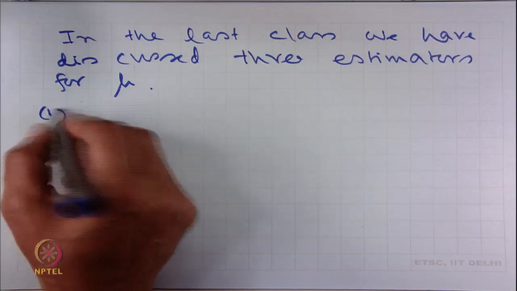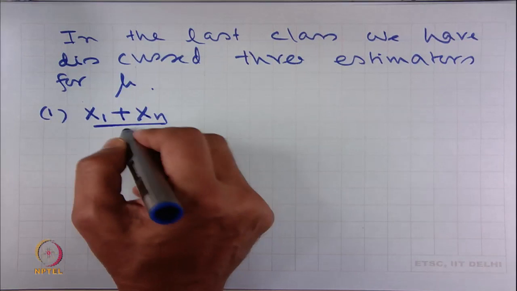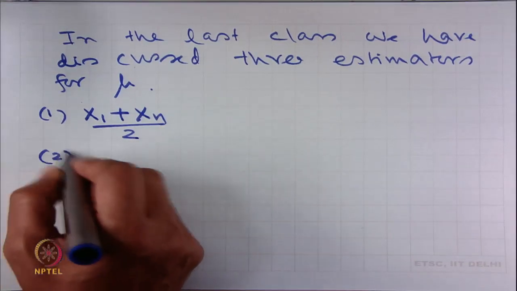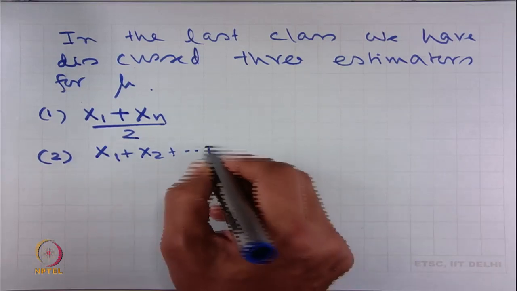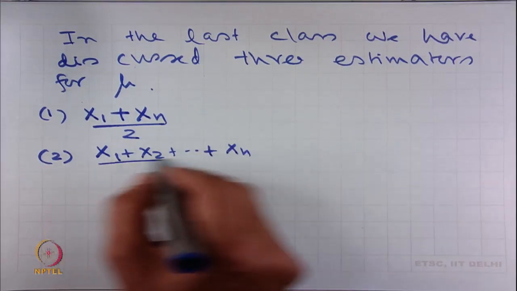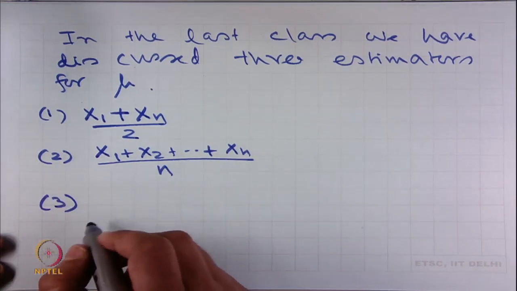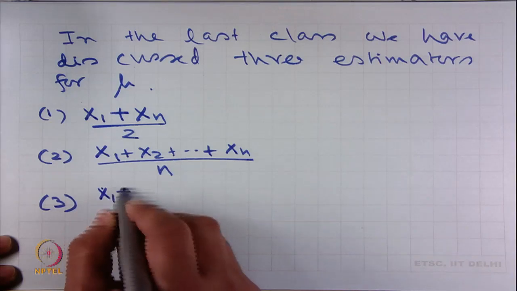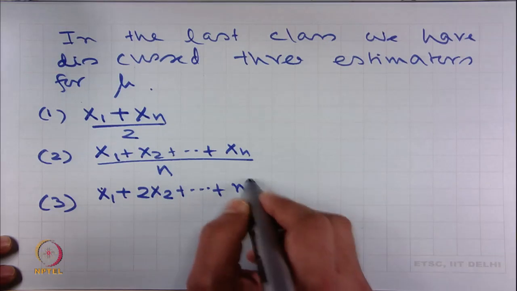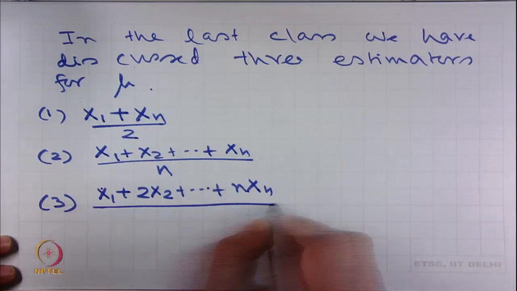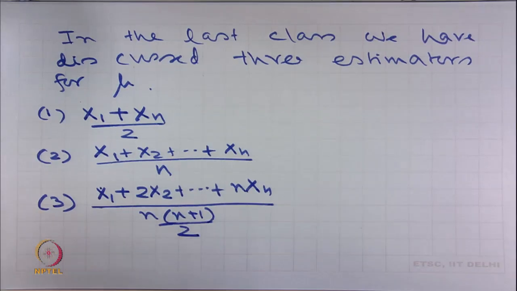One is (x1 plus x n) by 2, second is (x1 plus x2 plus ... plus x n) by n, and third one is (x1 plus 2 x2 plus up to n x n) by n into (n plus 1) by 2.